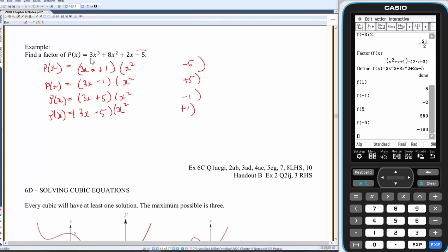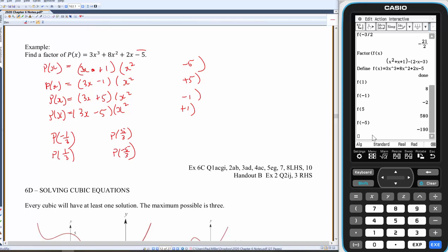So we've exhausted all of the options there. So that means our winner is going to be coming from one of these options. So what I'd be trying out would be P of negative a third, P of 1/3, P of 5 on 3, and P of negative 5 on 3. So I'm looking for one of those.